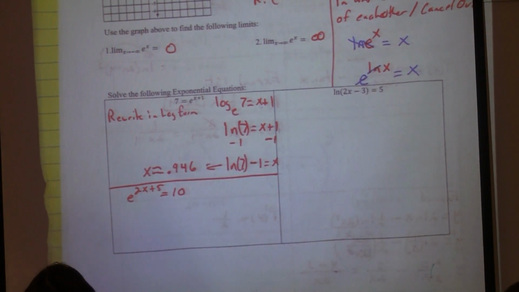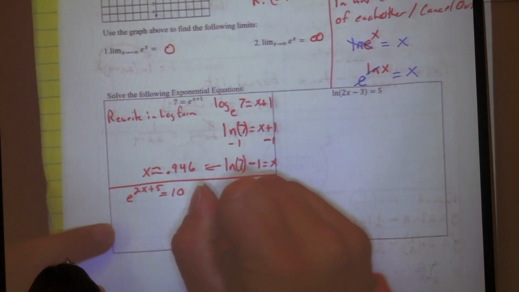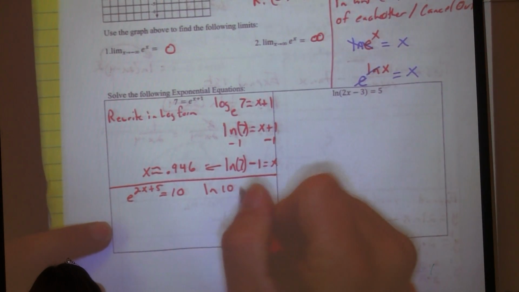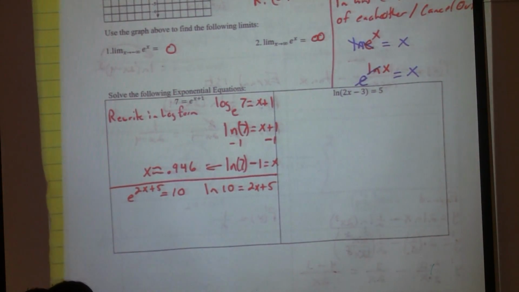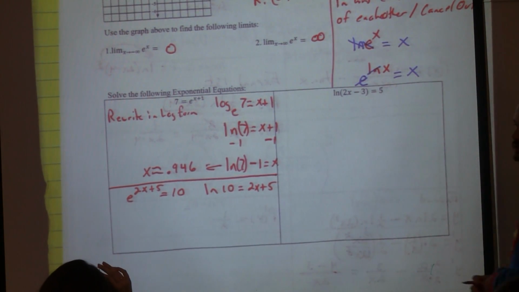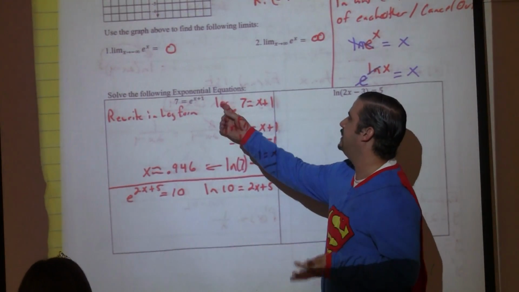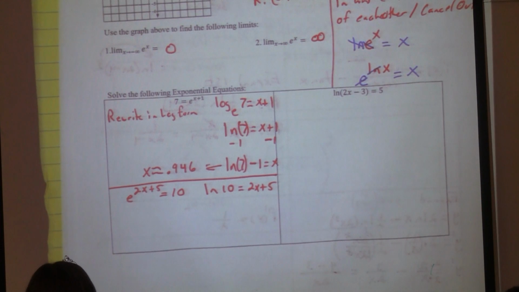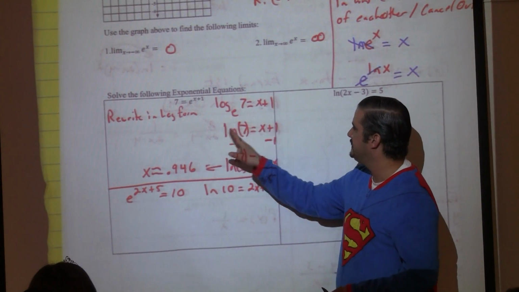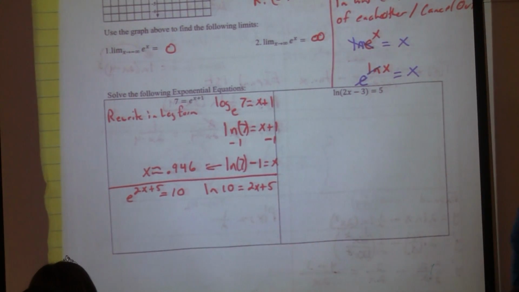What would this be as a log? ln of 10 equals 2x plus 5. So how did you go straight to ln? Because you know that it was going to be log base e, so I can go straight to this step. Very good. Okay? That's the point that I want you to get to. If you can't do that right off the bat, then do these 2 steps. Write it like this first, and then convert it, okay?